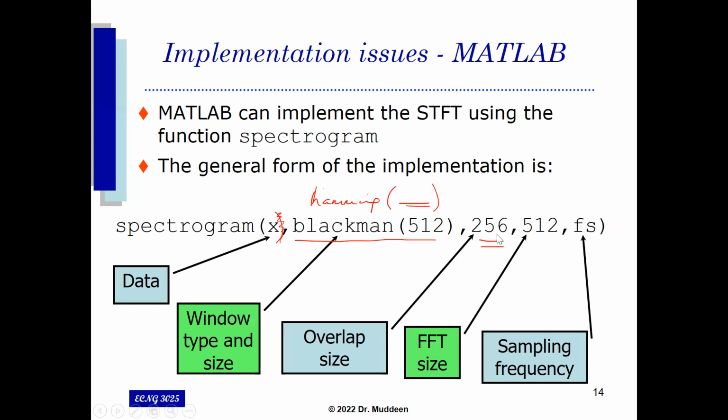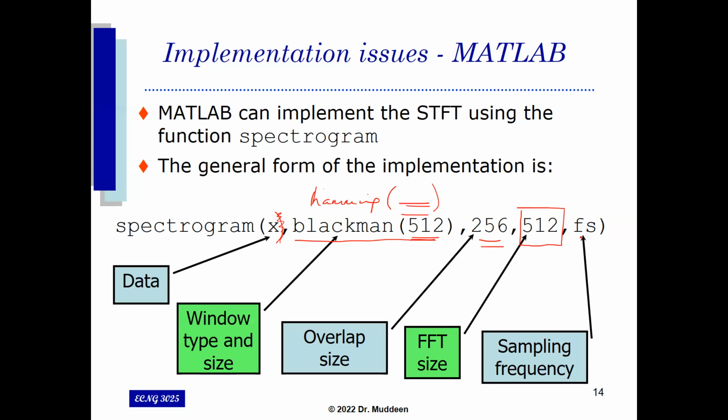As I said, it's typically half the size of whatever you choose for the window size. I noticed that in later versions of MATLAB, you don't need to tell it the FFT size. Once you tell it this number here, it automatically will do an FFT of that size for you.